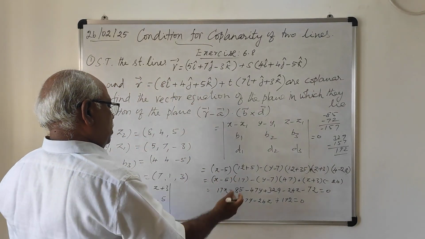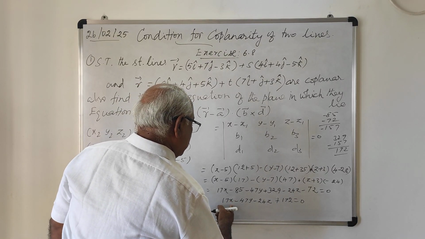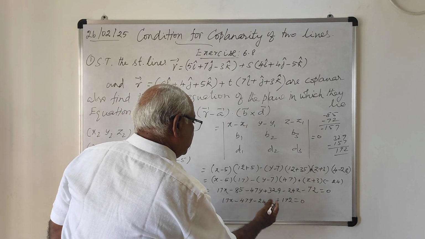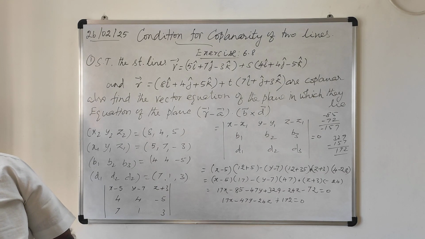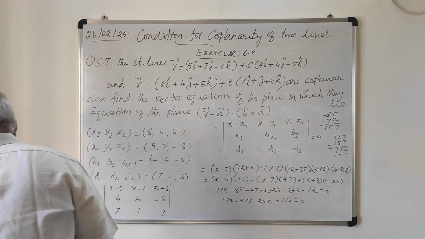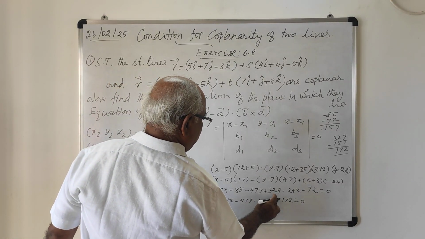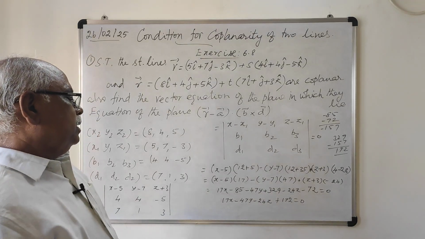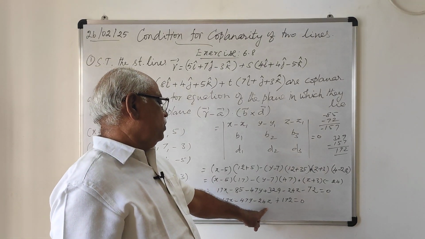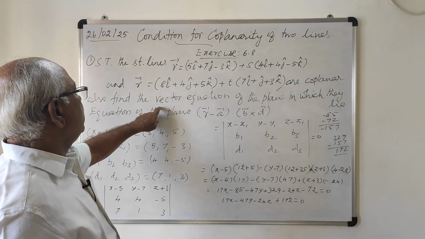And you take everything to the right-hand side. See, minus 172, you will get 17x, okay, you keep as it is. This is the equation of the plane in Cartesian form: 17x minus 47y minus 24z plus 172 equal to 0. But in the question we are asking for vector form.